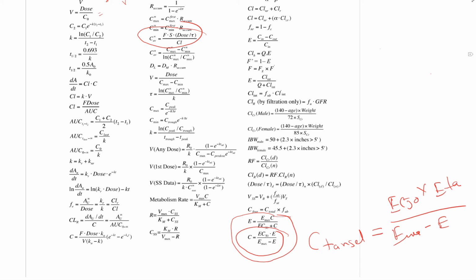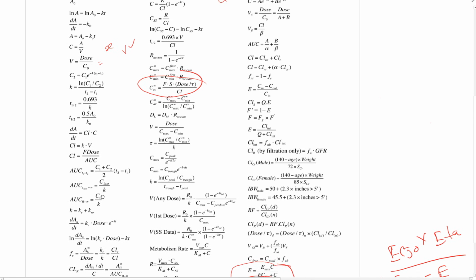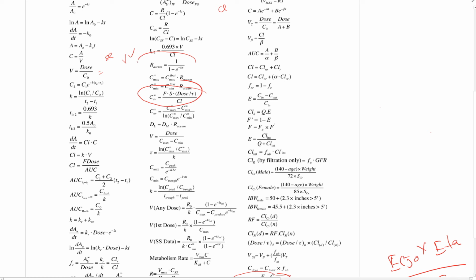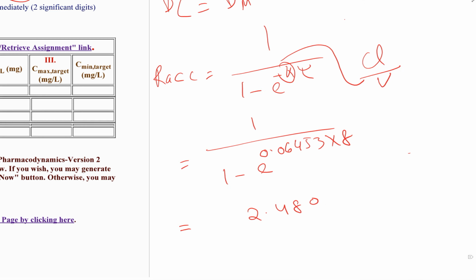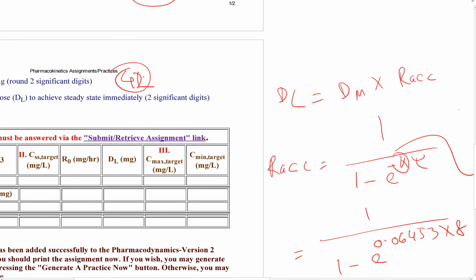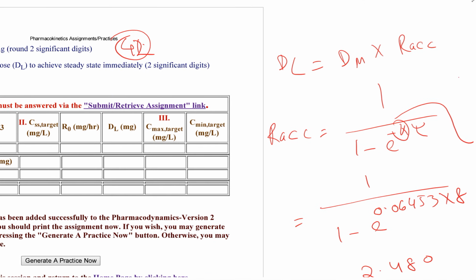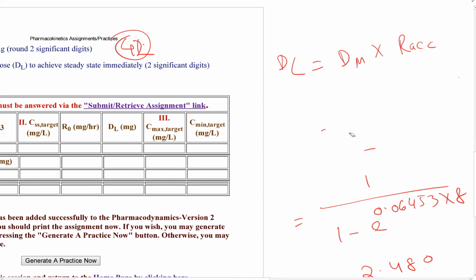What is RSCC? There you go. This is RSCC. Once you know RSCC, you can calculate DL. So DL is DM.